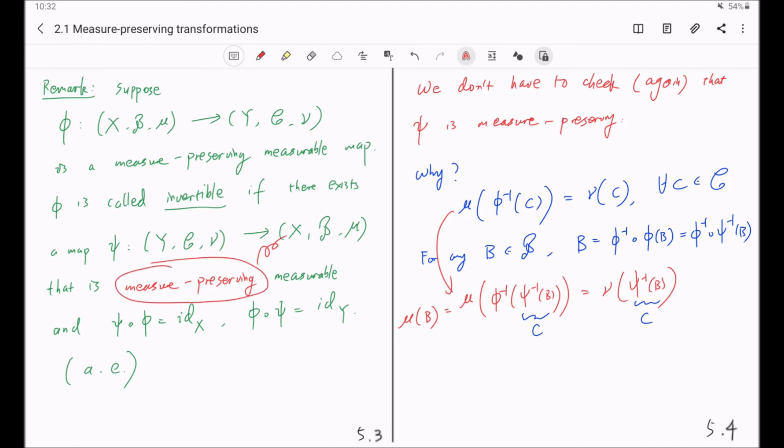So as long as this psi is measurable and it is invertible to phi, it is automatically measure preserving. We don't have to verify this.